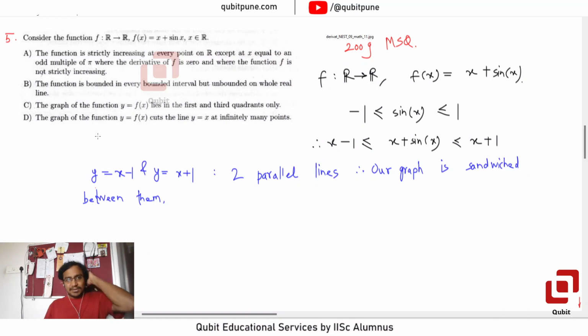Now this will help us in recognizing the validity of option B. I'll come to that later, but first let us look for option D.